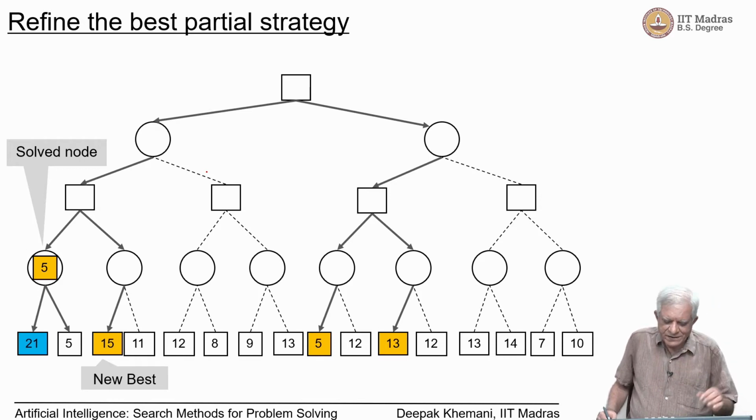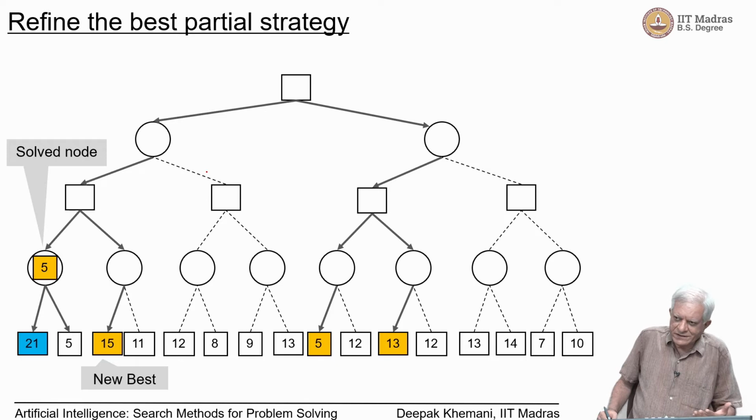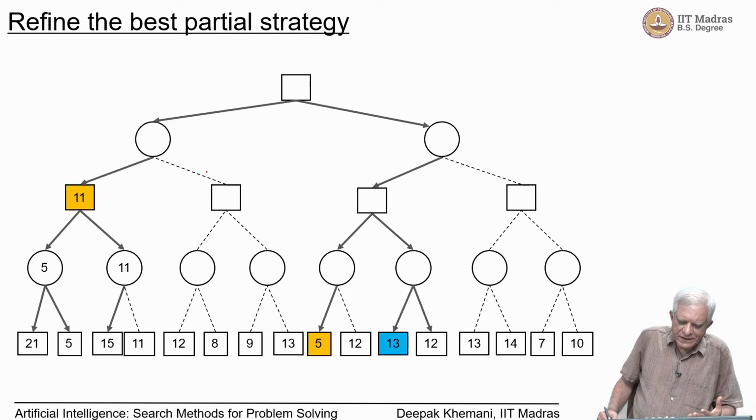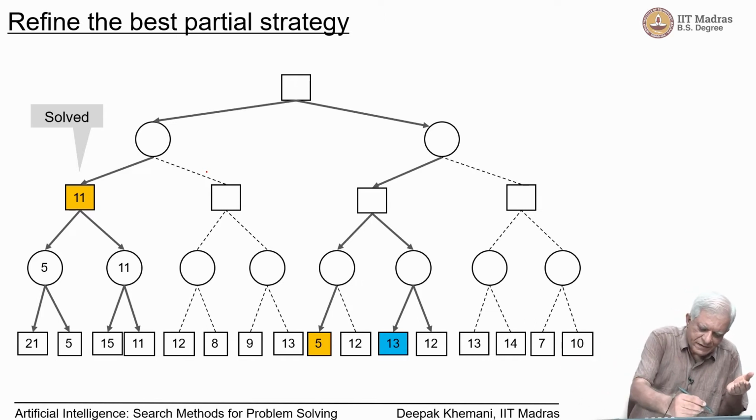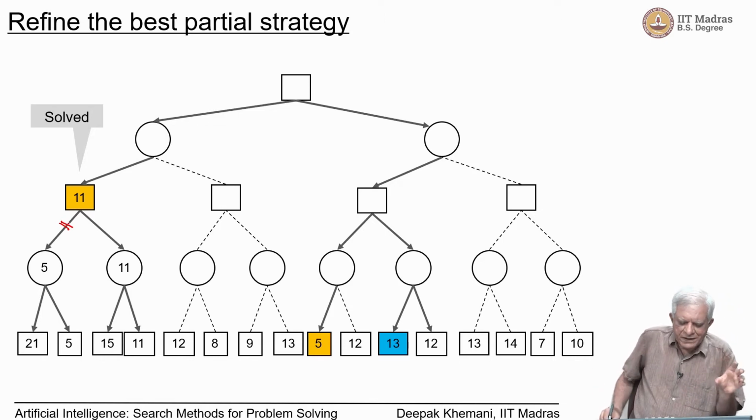So, we refine that, and that means what? That means we look at its sibling, which is 11, and include that. So, when we do this refinement of 15, it becomes 11, and not only that, I think this animation will come in a moment, but its competing cluster which had a value of 5 gets cut off.